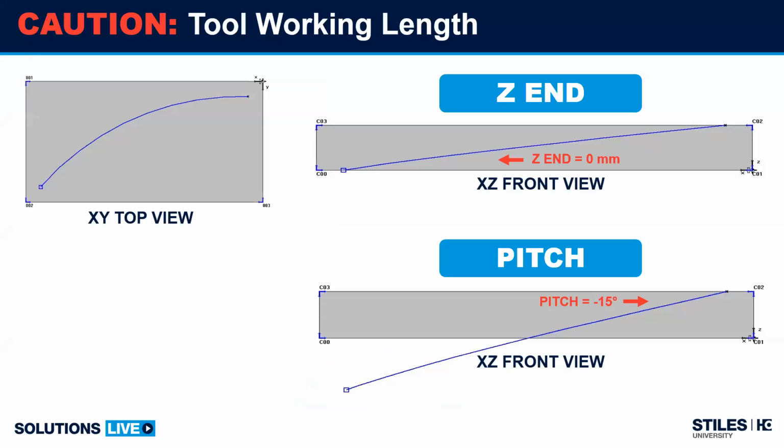So here's an example. The top view shows an arc, and then we have the Z end. I'm ending at the bottom of the panel, or Z0. But I did the same thing with the arc, only this time I did the pitch move, and I did a negative 15 degree pitch. So here's my insert tool, and it's highly recommended if you're going to do these raised panel doors or these type of applications, try to get an insert tool.